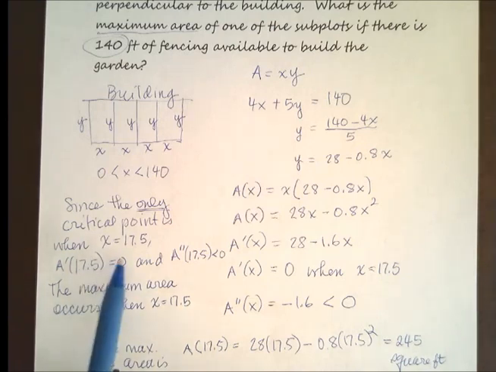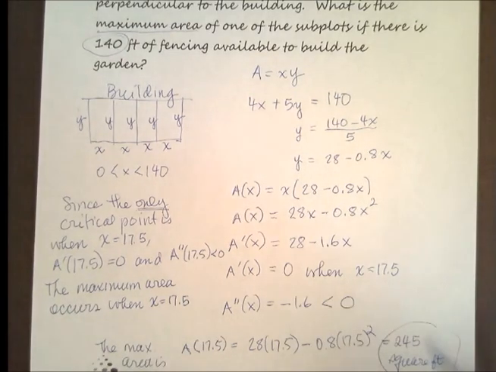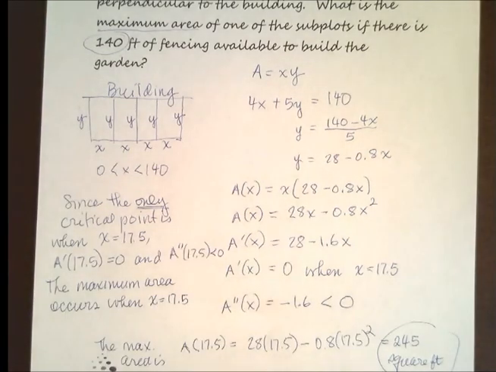That x is 17 and a half. The first derivative is equal to 0. That's important. It has to be the type of critical point where A prime is equal to 0, not undefined. And the second derivative is negative. That tells me when the maximum value occurs, and the maximum area is 245 square feet.